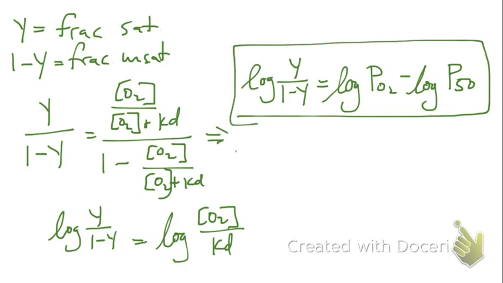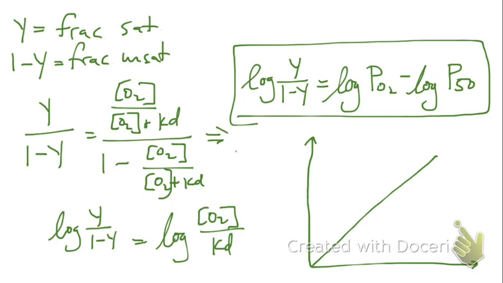And what it does, like we said before, is it makes a hyperbolic curve linear. For myoglobin, the slope was equal to 1, which means it was non-cooperative binding. So things with non-cooperative binding show an n of 1 when you put them in the Hill equation and make the straight line.